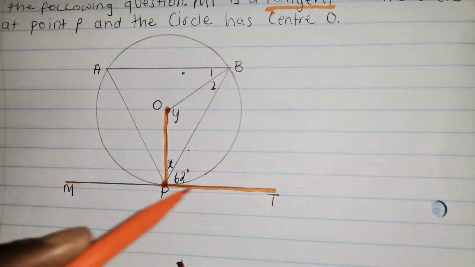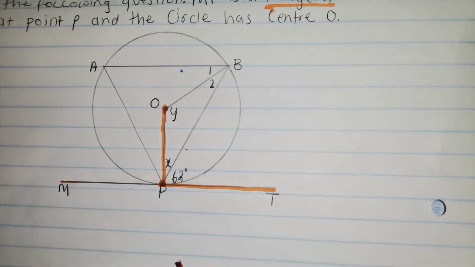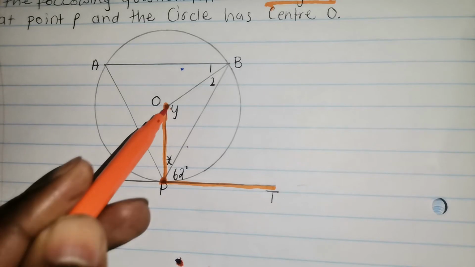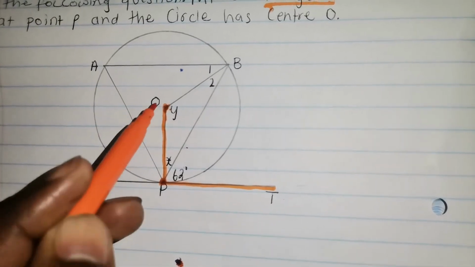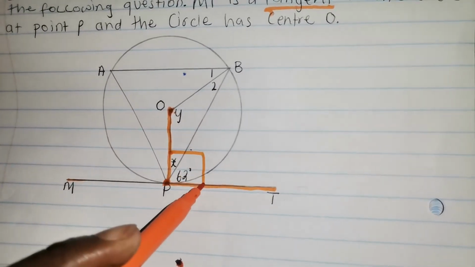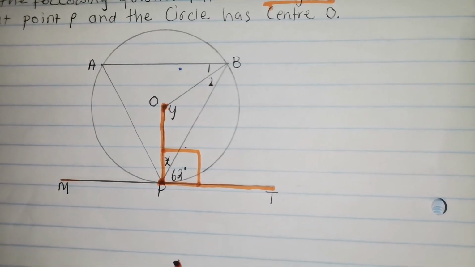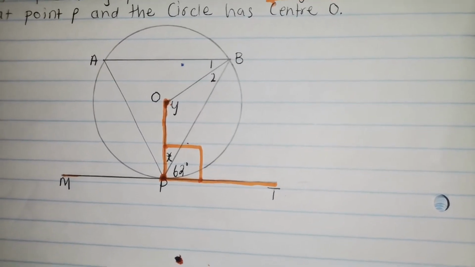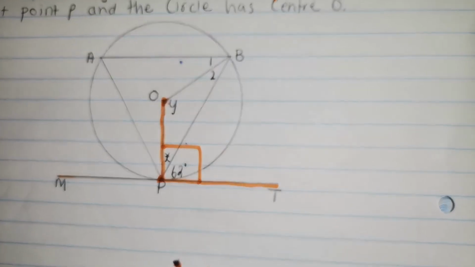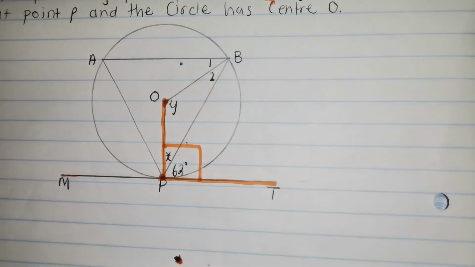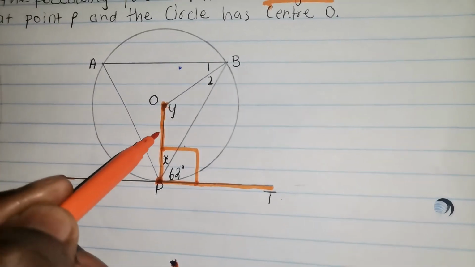So you have radius and tangent here. Obviously, MT is a tangent, but let's focus on PT only here. PT and OP, tangent, radius, 90 degrees. Remember that, guys. I hope you clearly understand what's happening here. So we're going to find x and y basically here. Then remember again, radii are equal.